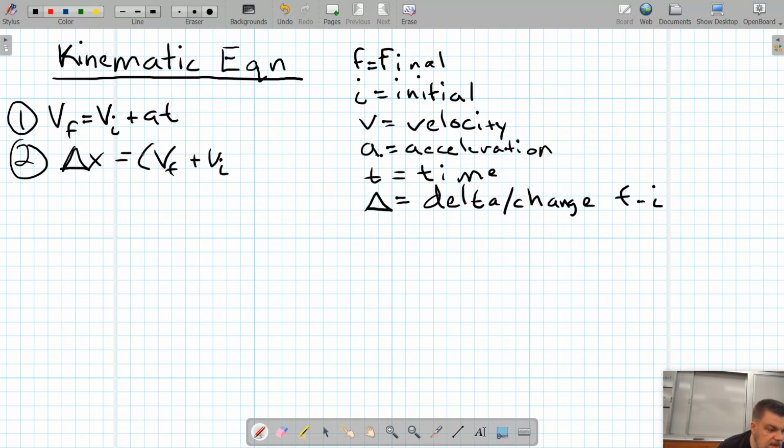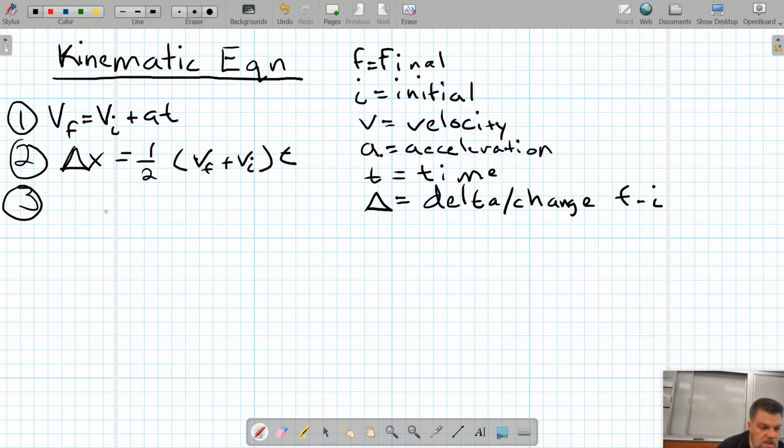It's actually 1/2. So, oh, I see what they did. Delta x is equal to 1/2 times v final plus v initial times time.